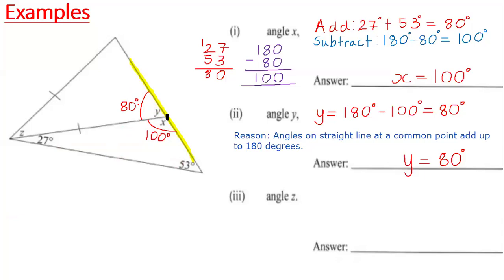Now, we know that y is equal to 80. How are we going to get z? Any answers on that? We take away 180. Take away 180 from 27.